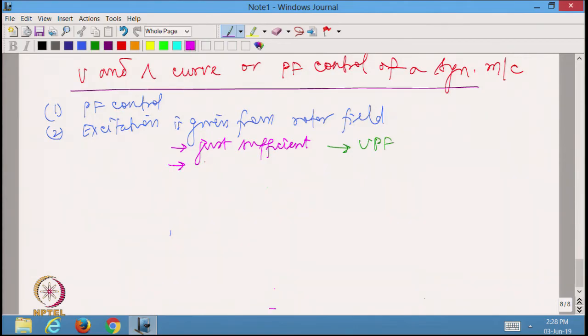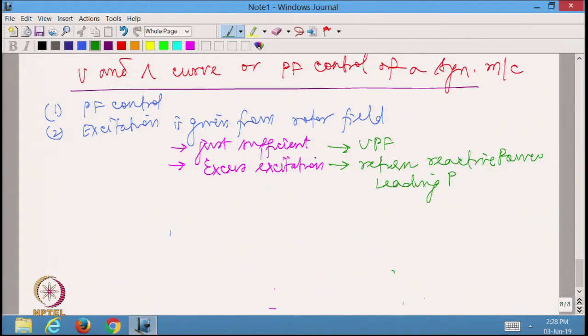If I am going to give excess excitation, which means I am giving excessive amount of reactive power, in that case we will return some reactive power to the mains, which means it is going to act like a capacitor. So, it will be a leading power factor machine, especially when it is functioning as a motor.